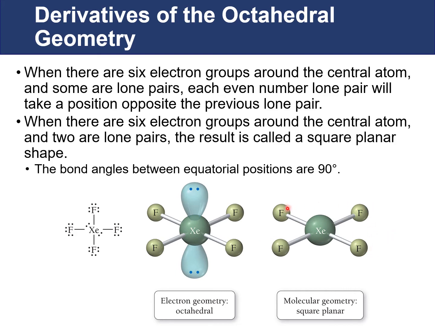All the atoms are in one plane. The angles between the equatorial positions are going to be 90 degrees. And the reason for that is these 2 sets of lone pair electrons are going to push down with equal force. The result is that the fluorines actually stay in place as compared to an octahedral electron geometry.